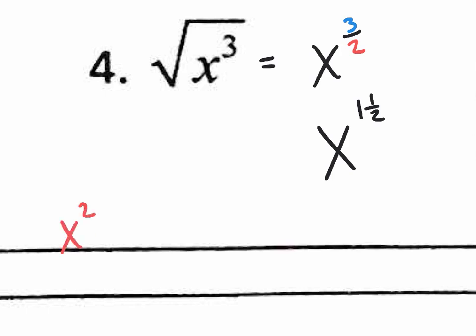Rule 1 of exponents says that if you have x to the second times x to the third, what do you do with those exponents? Add, right? Okay. So when the bases are the same, you could just add the 2 and the 3 to get 5, right? That's rule 1 of exponents. We should have learned that in Algebra 1.